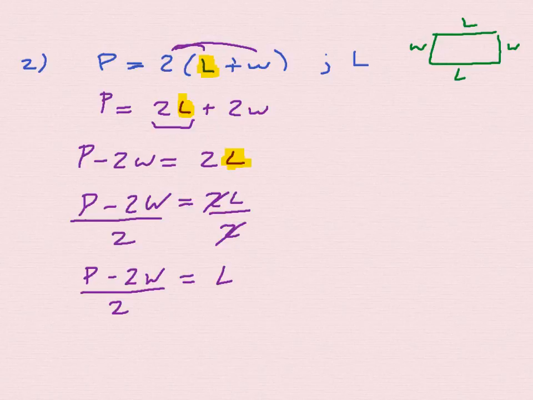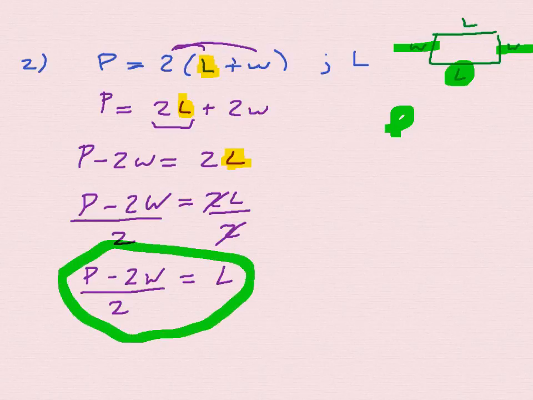So the equation is going to remain, the length will be found by taking the whole perimeter. So look at this, let's go back and look at this equation. If I want to solve for one length, I'm going to take the whole perimeter, minus this width and this width, get an answer, and then divide it by 2. And that will be the value of one length.